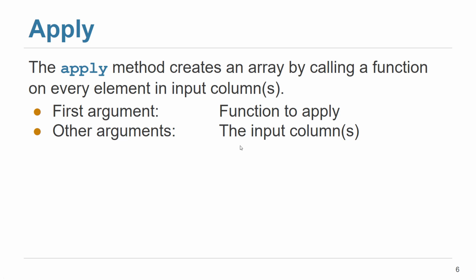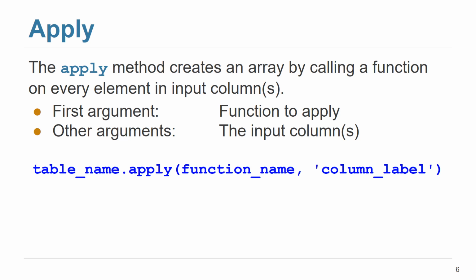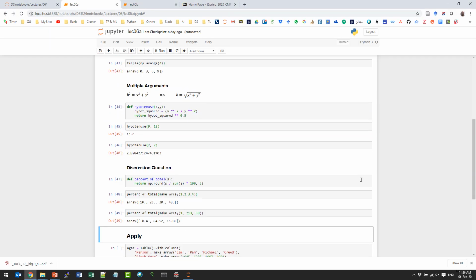It is applied on the table structure that we used to work on, and if it's just one column, then it will go through every element in the column and apply the given function to it. So this is the signature of the apply function. It is applied on a table. We give it the function name and the column label. Okay?